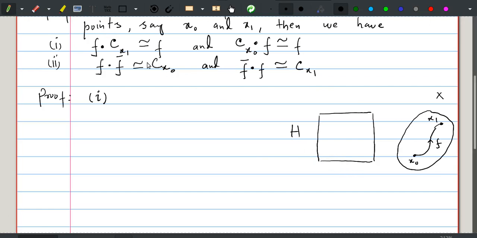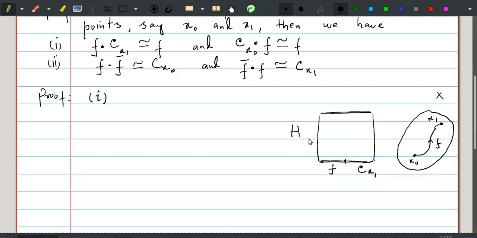Now we have to take this product path to f. So this bottom is mapped to the product path, where this half is reserved for f and this other half is reserved for c sub x1. We have to take this path all the way to f.